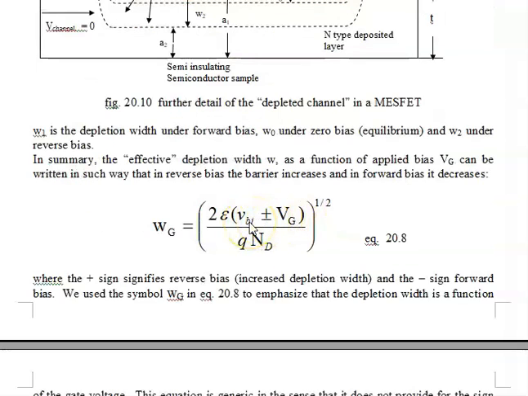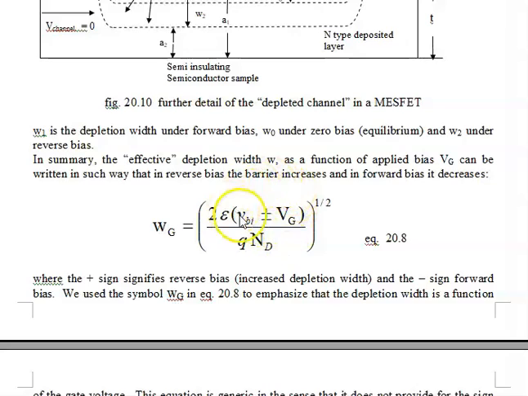So we can summarize this as one equation, equation 20.8, that the depletion region width W, and here I've denoted it in general by the subscript G, which tells me that it depends on the gate voltage. Gate voltage negative, then the depletion region widens. Gate voltage positive, the depletion region shrinks.